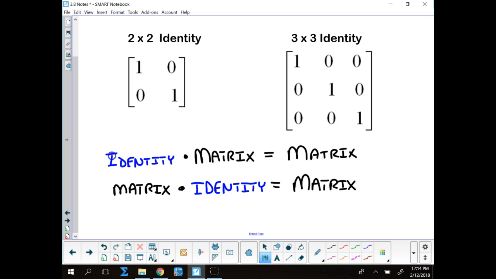It's the only time in matrix multiplication where the order doesn't matter. It's the only time. I shouldn't say that. There's one other case. It's one of the only 2 times.